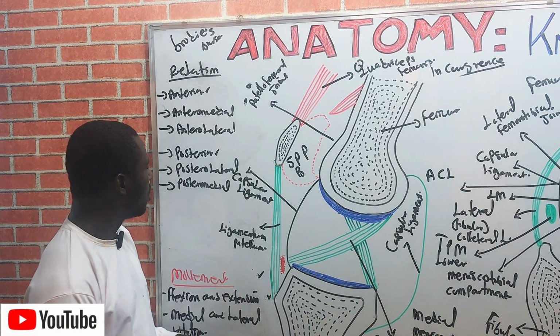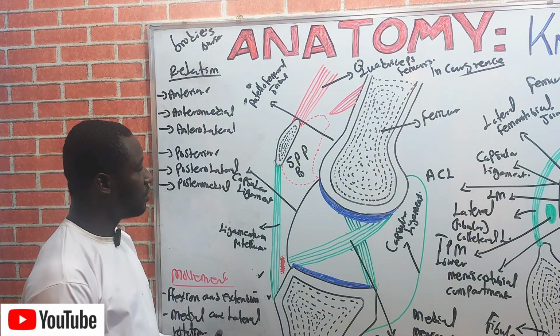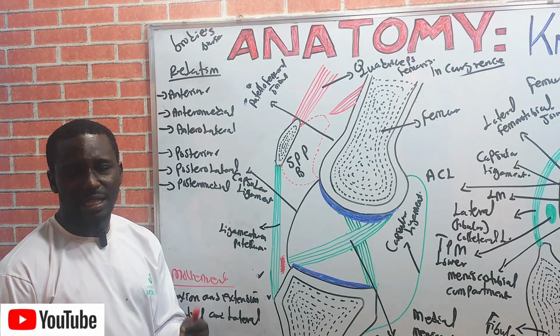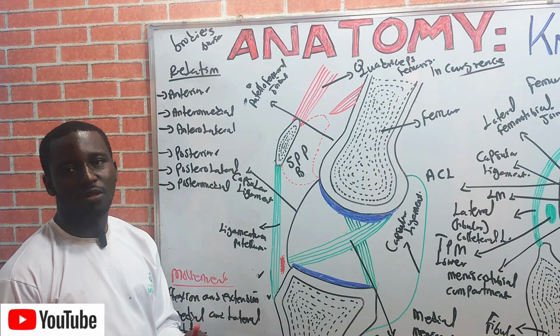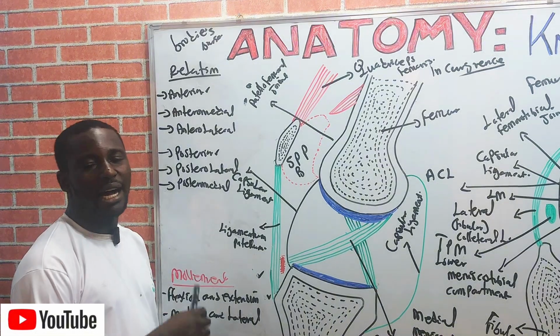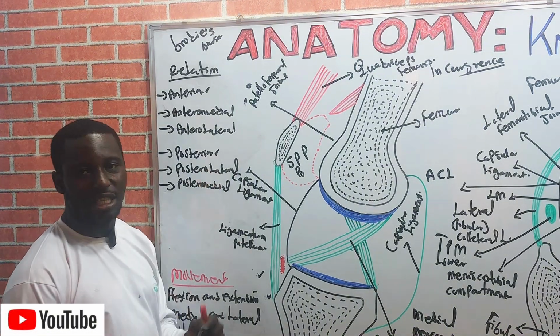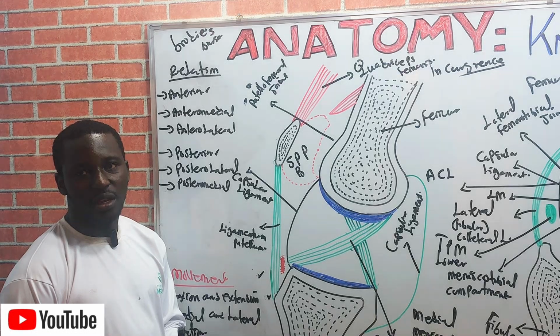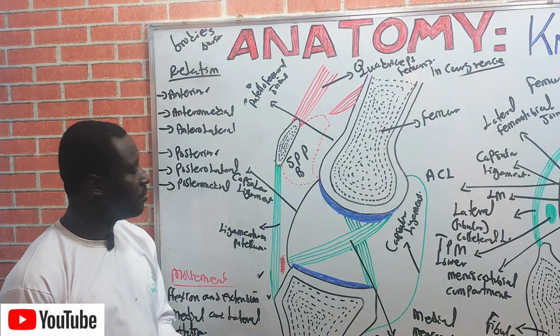On the posterolateral relation, on its upper part, we have the tendon of the biceps femoris and the common peroneal nerve. On the lower aspect of the posterolateral relation, we have the lateral head of the gastrocnemius and the plantaris muscle.